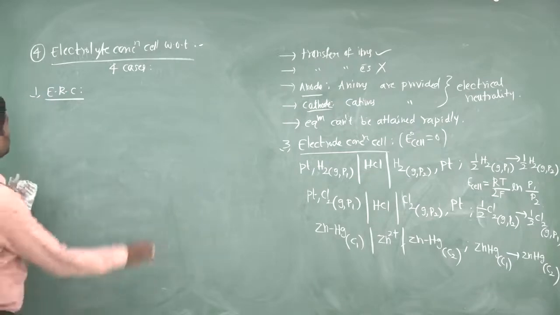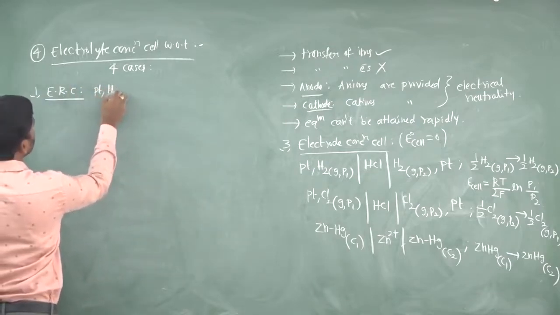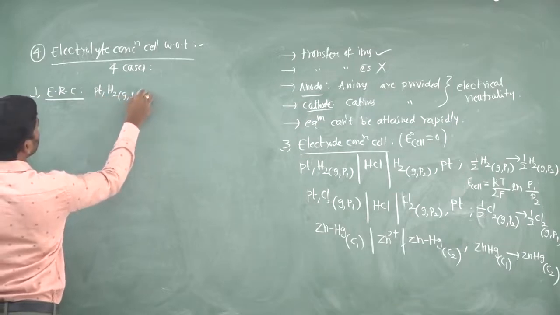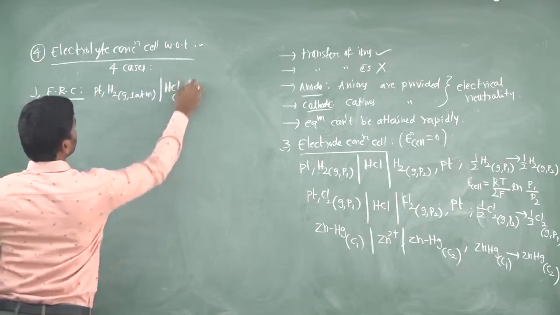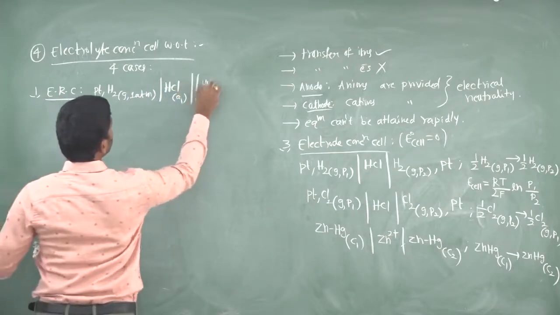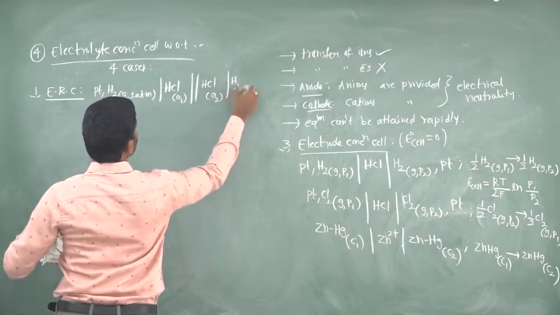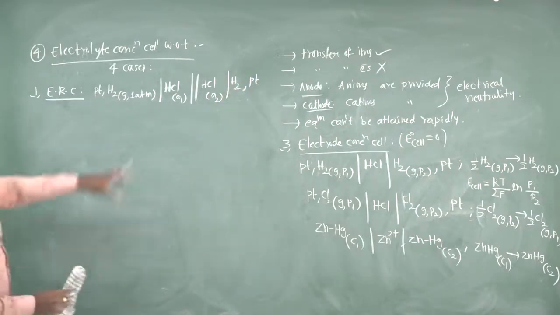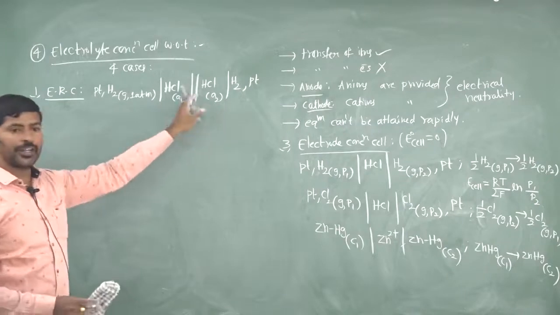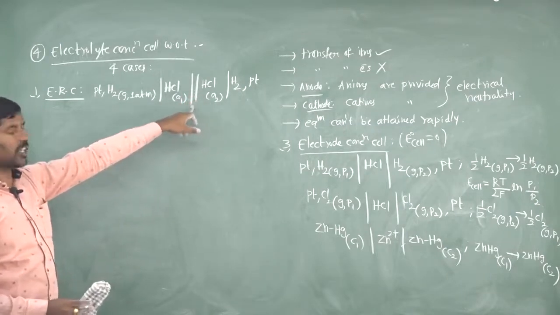I am giving one example: platinum, H2 gas at 1 atmosphere, HCl at A1, salt bridge, HCl at A2, same H2 gas, platinum. So it is the same electrolyte with different concentrations, an example of an electrolyte concentration cell with or without transference.